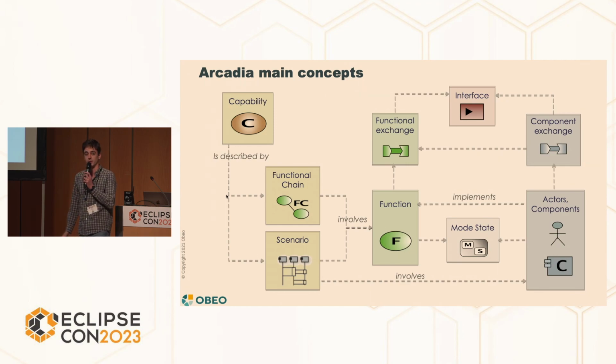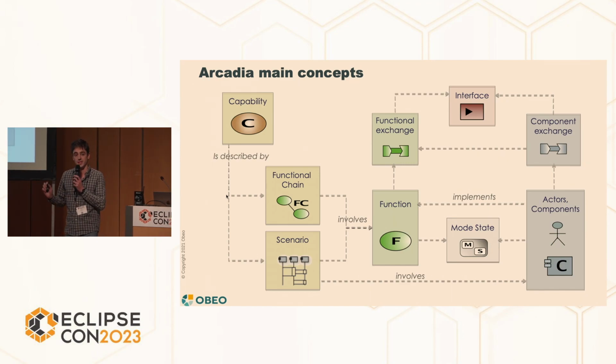To make it more concrete, here's an overview of the concepts that are used in Arcadia, which are the objects you will model. It starts with capabilities, which are high-level descriptions of what the system will do. Capabilities are composed of functional chains and scenarios, which involve functions.